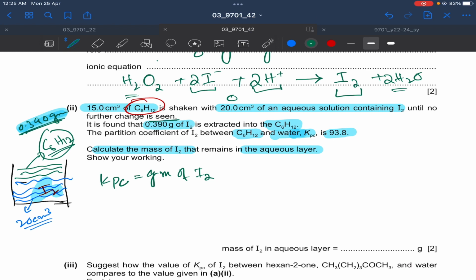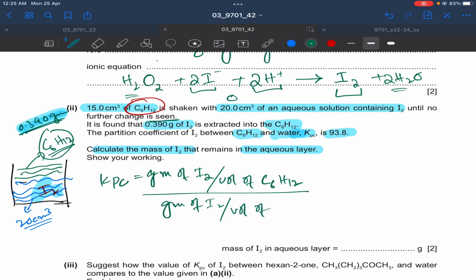So the partition coefficient is grams of iodine in the volume of cyclohexane, C6H12, divided by grams of iodine in the volume of water. The grams of iodine in cyclohexane is 0.390, and the value of the partition coefficient is 93.8.